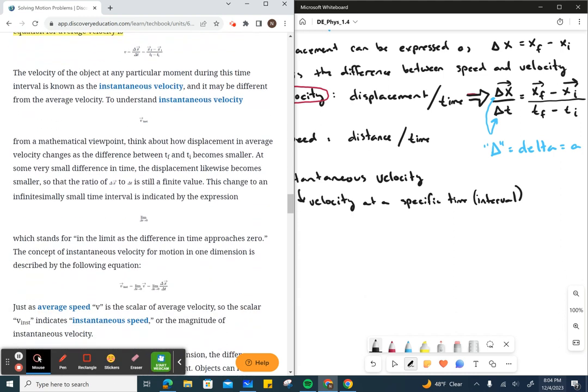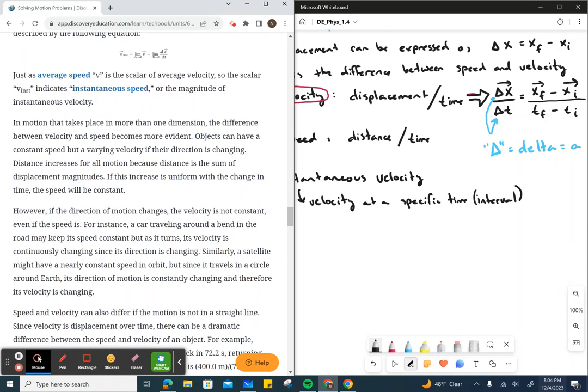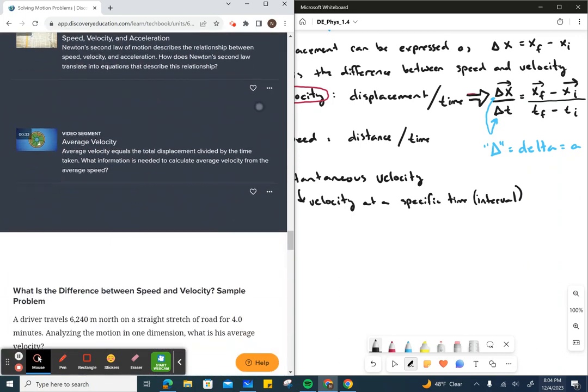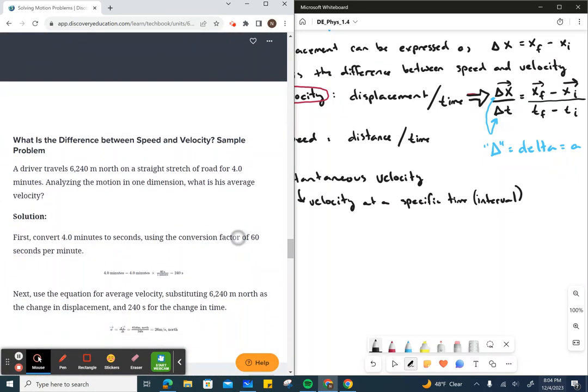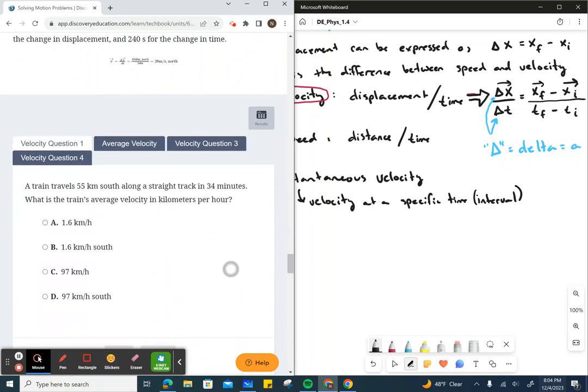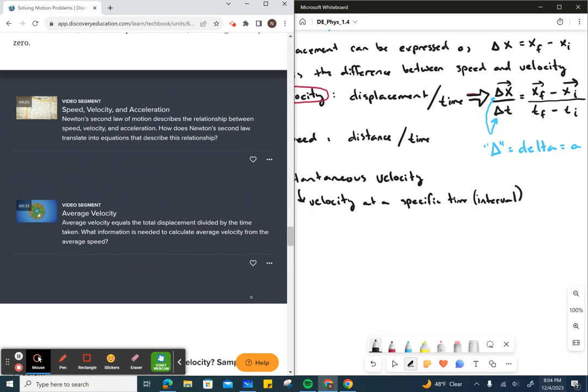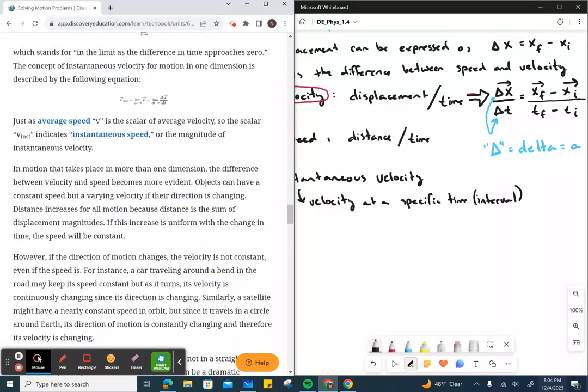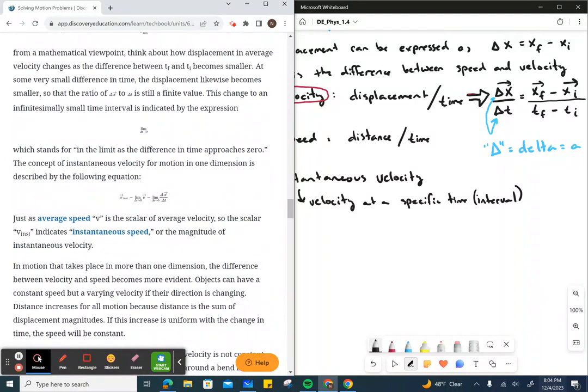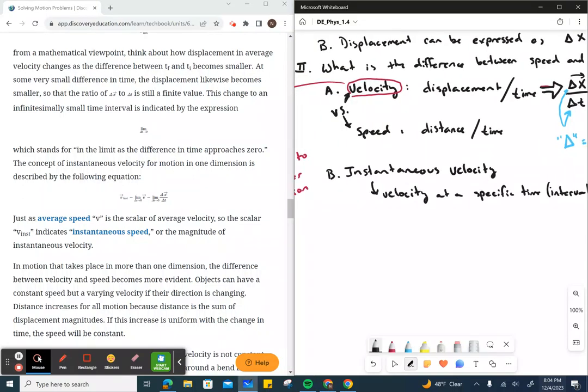Okay. The rest of this stuff here, I'm not going to be too worried or concerned about right now, okay? You have some sample problems. This stuff that I said I wasn't going to be too concerned about just takes this general idea, letter B, instantaneous velocity, and talks about whittling that velocity down to that specific time interval.